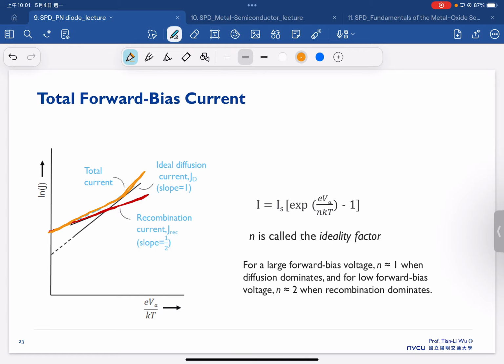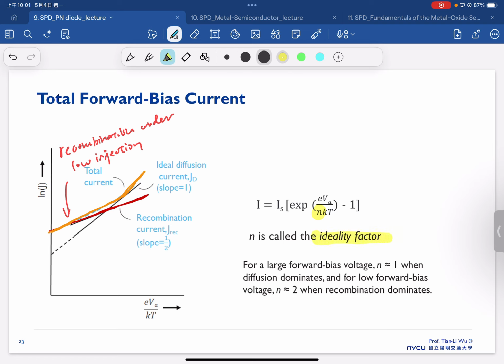This is when we consider recombination under low injection. To reflect this characteristic, we put n as a factor in this equation, which we call the ideality factor.